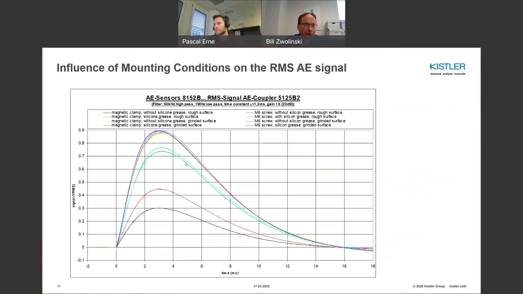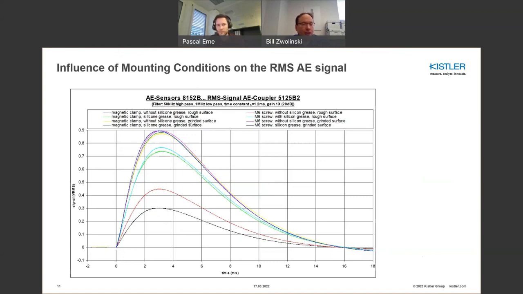In the next set of curves, you can see the relative signal strength. When you have a rough surface with no grease, regardless of clamp or screw, you're going to get the lowest signal strength. Now, if you use the same properties but also use silicone grease, you see a doubling of the signal from what you had previously.